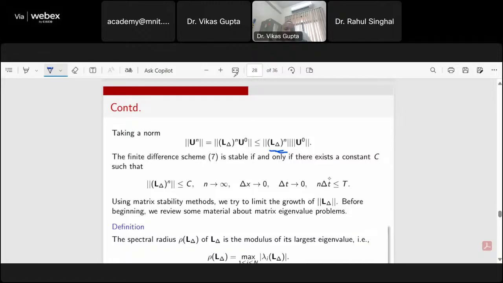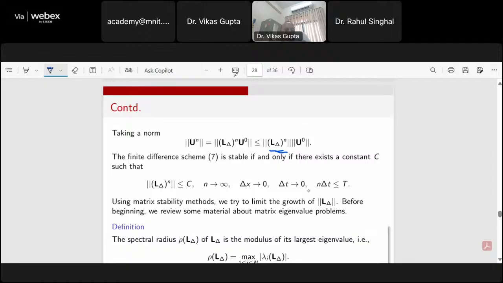As n tends to infinity, delta t definitely approaches 0, and n here corresponds to the time level n. So using matrix stability methods, here we will try to limit the growth of the norm of L_delta.